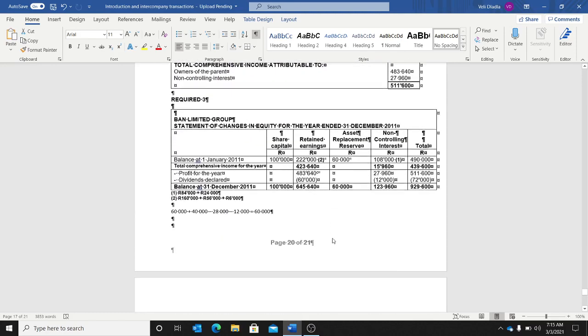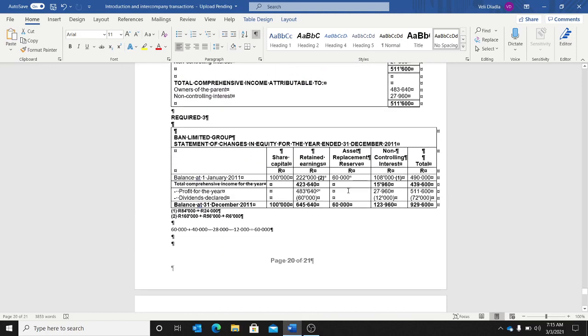Then we move to non-controlling. Non-controlling, you'll see they're saying number 1, it's 84 plus 24. Now let's ask ourselves, what is this figure here? It's the opening balance for this year, opening balance for 2011, meaning 1 January 2011. That's the opening balance.